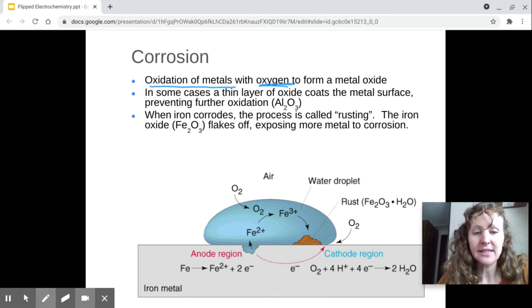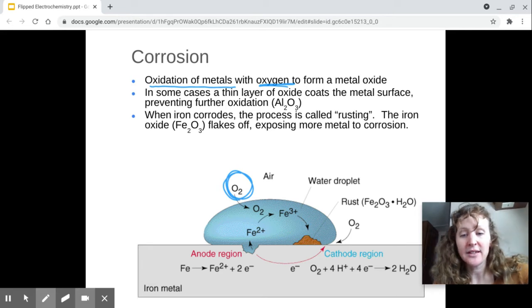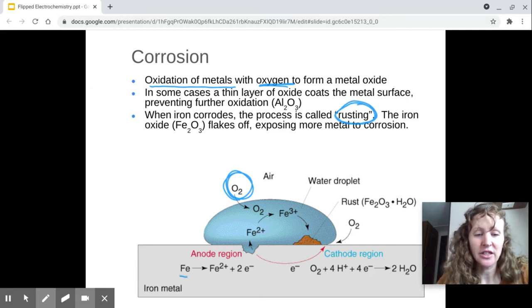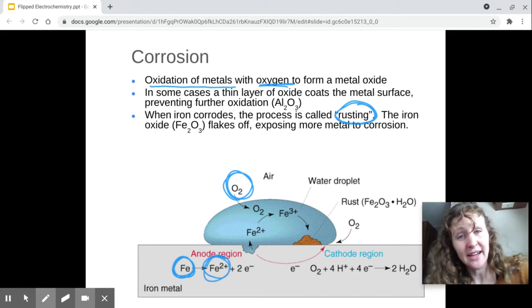In some cases, this is going to happen with the oxygen that we find in the air. Sometimes it's going to happen with the oxygen that we find in water. In certain situations, this is called rusting, especially when it happens with iron. And notice that the iron actually goes from being solid iron to iron as an ion.